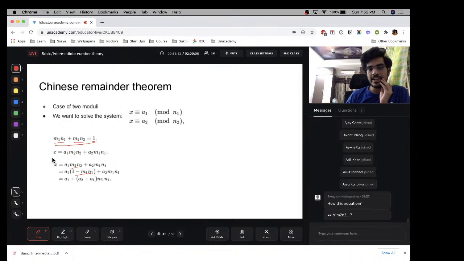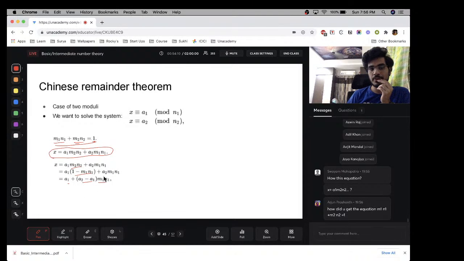We try to write x as a1 m2 n2 plus a2 m1 n1. Since m2 n2 is equal to 1 minus m1 n1, we just substitute that in place of m2 n2. Then we get a1 plus (a2 minus a1) into m1 n1. We just take common m1 n1. Now if we take modulo n1, we get a1, since this term will be equal to 0 when we divide by n1.